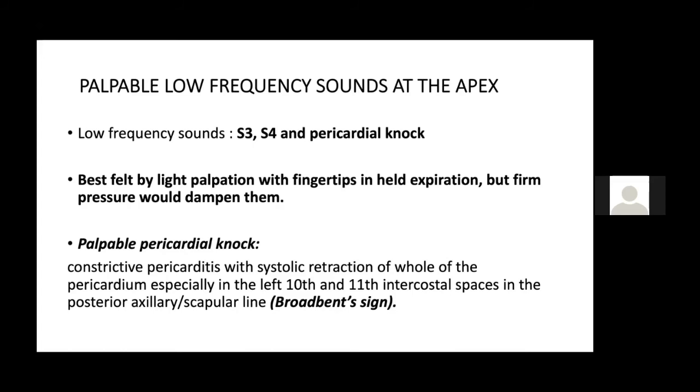Because in constrictive pericarditis, there is a systolic retraction of the whole of the pericardium. We know because there is a constriction, there is a systolic retraction, and during diastole, only for some time the pericardium movements come out. So it is the systolic retraction of the whole of the pericardium which can be felt by our hand, and it is known as Broadbent sign. So pericardial knock can be palpated in a patient with constrictive pericarditis.